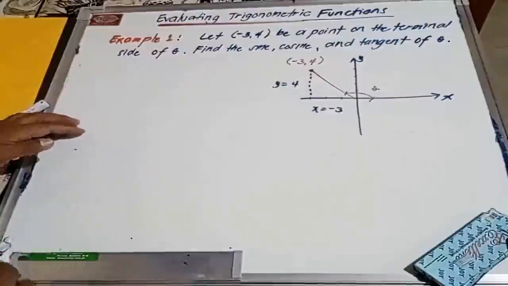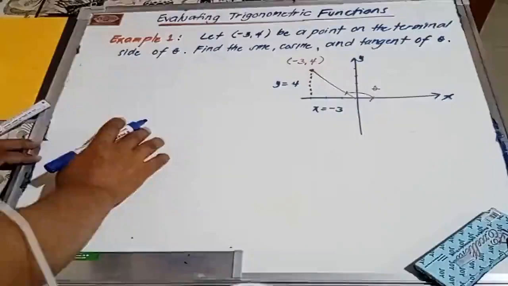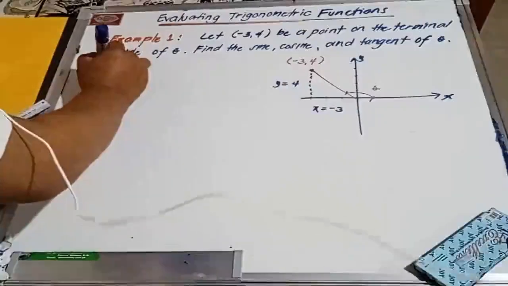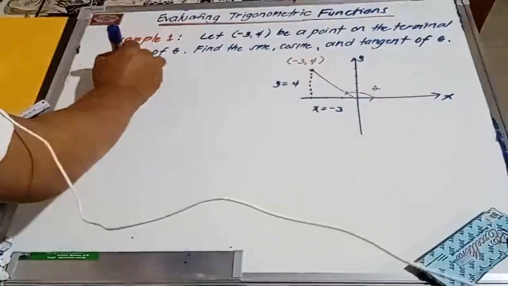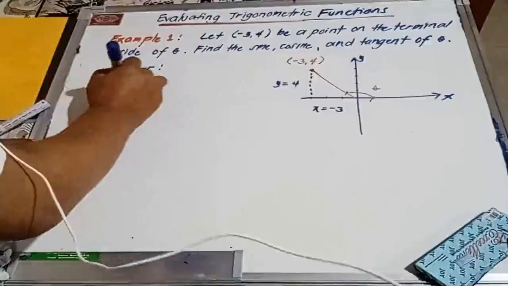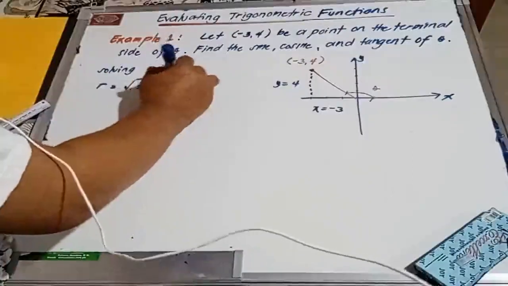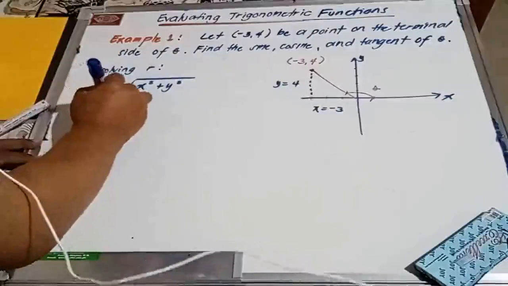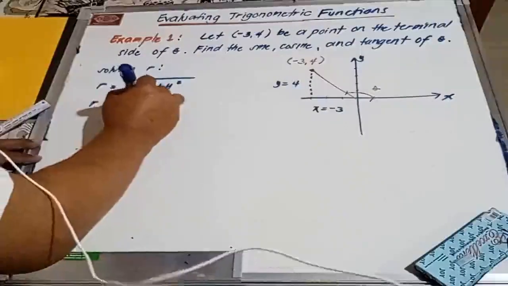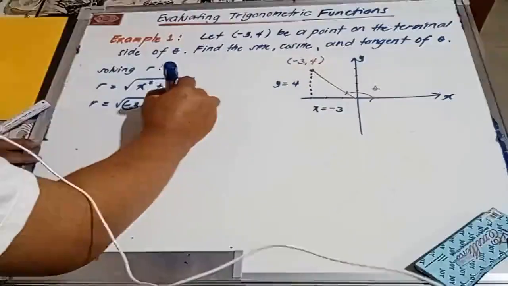Now, kunin na natin yung sine, cosine, tangent. But wait, di pa natin alam yung r. Solve muna natin si r. Solving the value of r, using this formula, Pythagorean theorem. We have r equals square root of x, which is negative 3 squared, plus y, which is 4 squared.